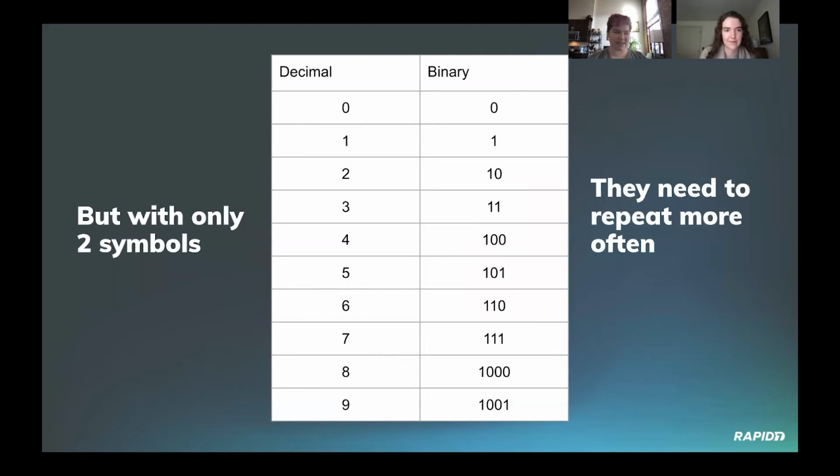So using that idea, you can carry that over to binary. Bi means 2. So when you have 2 symbols, you need to repeat those symbols more often. So 0 is 0, 1 is 1, but 2 becomes 1, 0, repeating the symbols that we have.